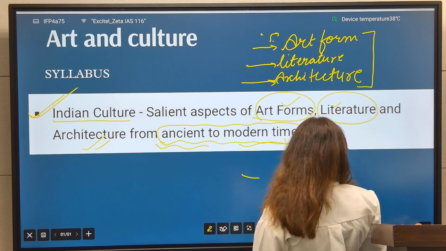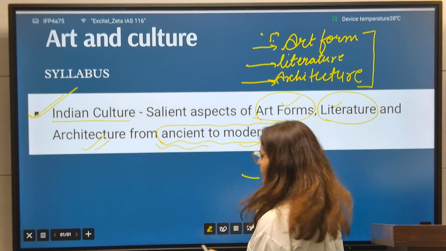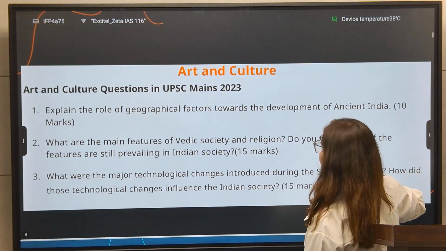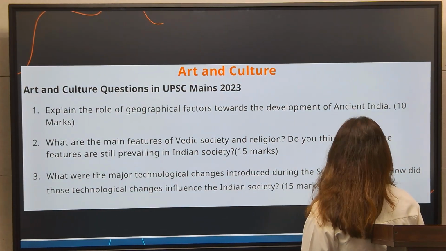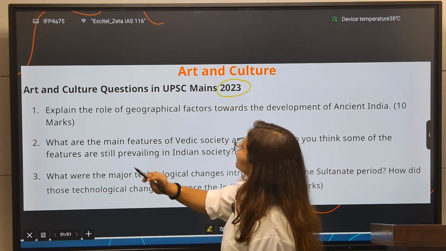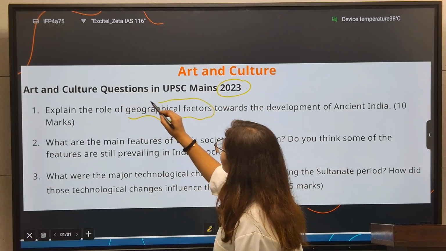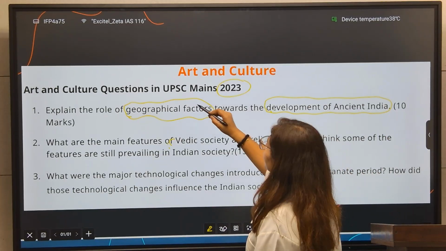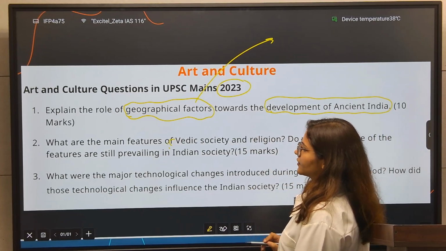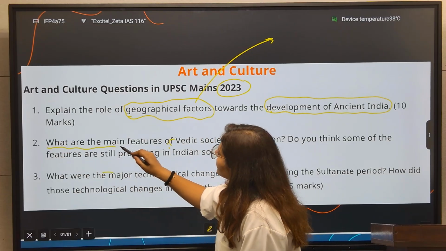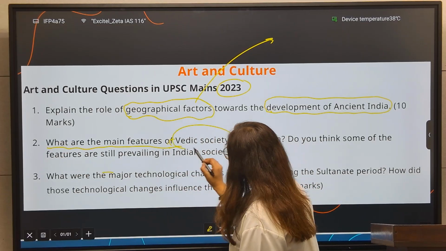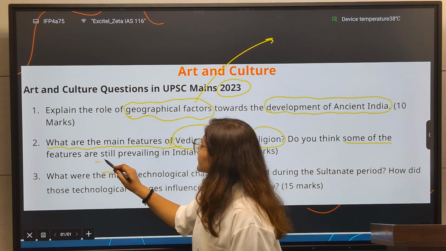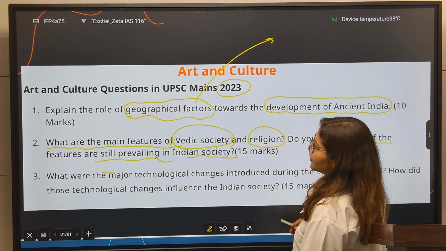So let's do some PYQ analysis of the art and culture part. In 2023, a question was on geographical factors towards the development of ancient India. Another one: what are the main features of Vedic society and religion, and do you think some of the features are still prevalent in Indian society?